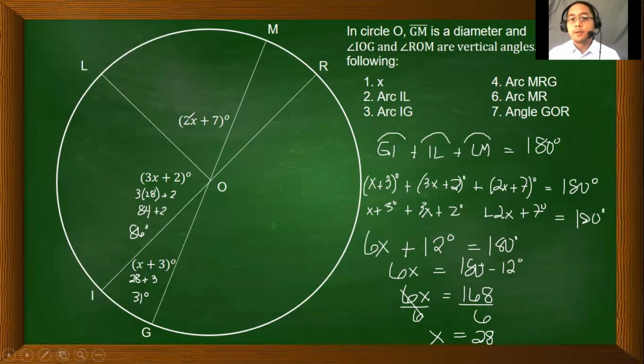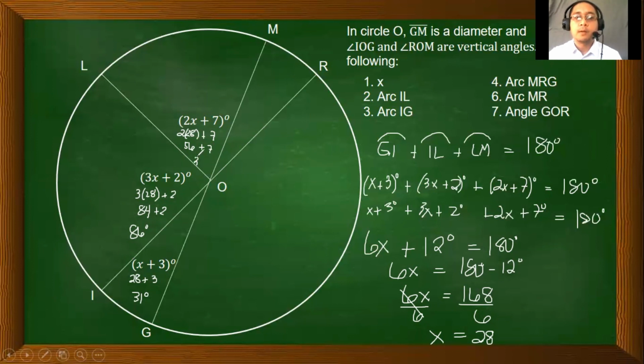And lastly, for 2x plus 7, all we need to do is substitute. So we have 2 times 28 plus 7. So this should become 56 plus 7. And the result is 33.